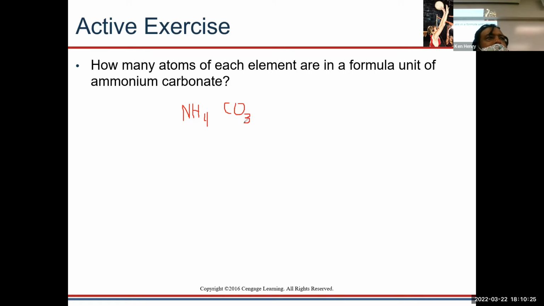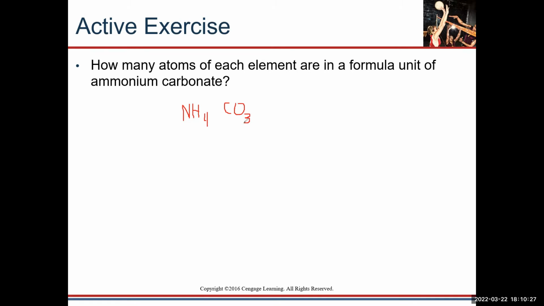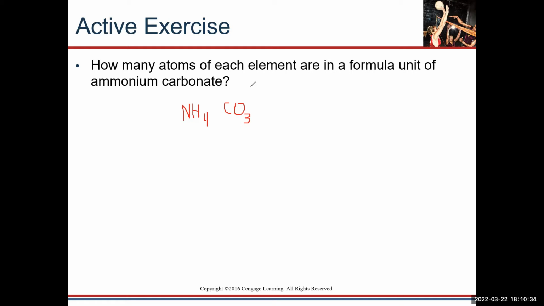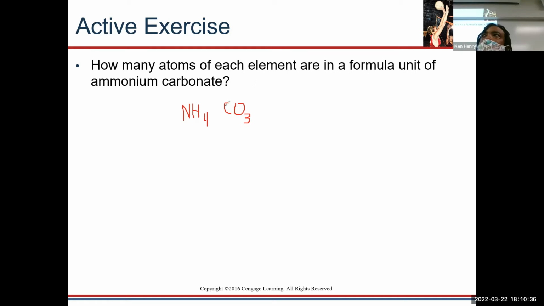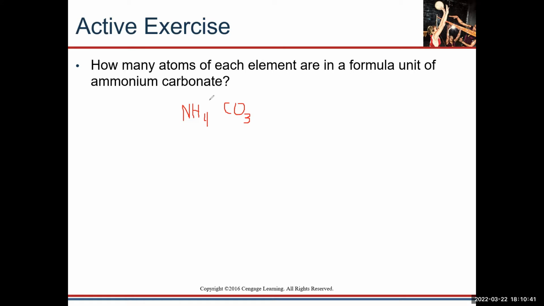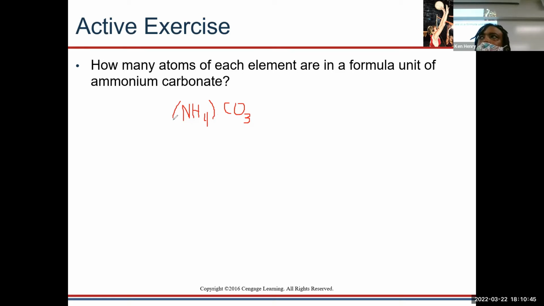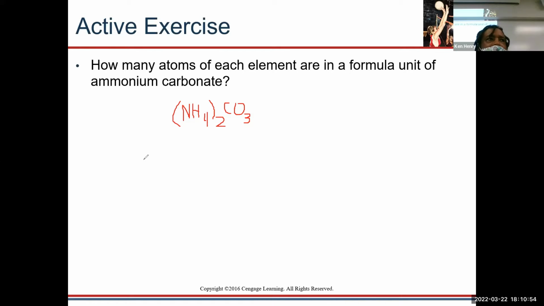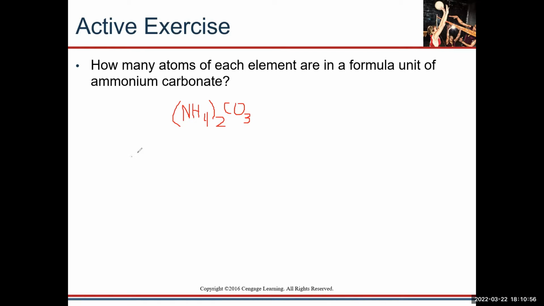Is that balanced completely? No. Okay, how do I balance it? Carbonate has a 2 negative, and ammonium has a positive. We would need 2 ammonium, so I'll need 2 of these, like this. Okay, so, how many nitrogens do I have? 2.